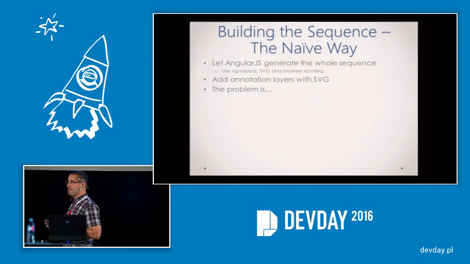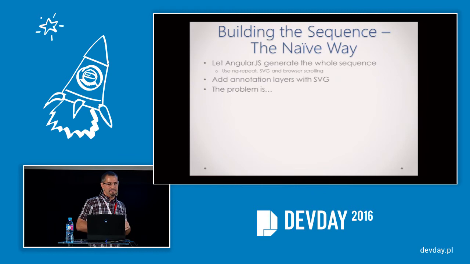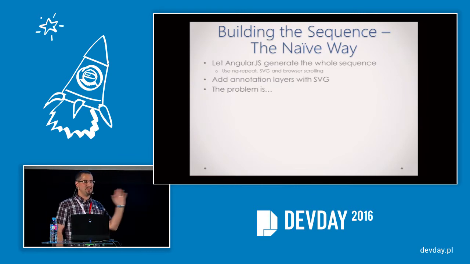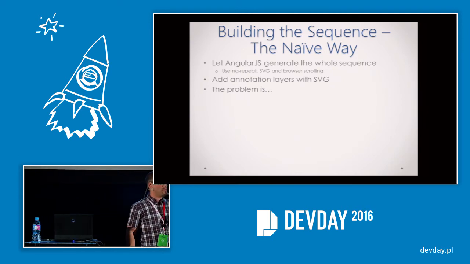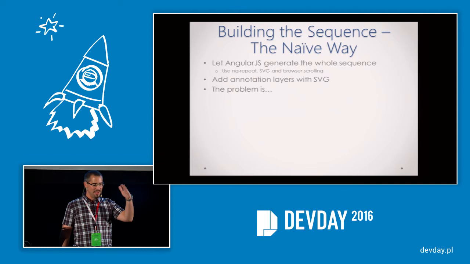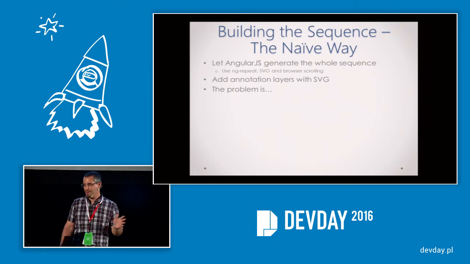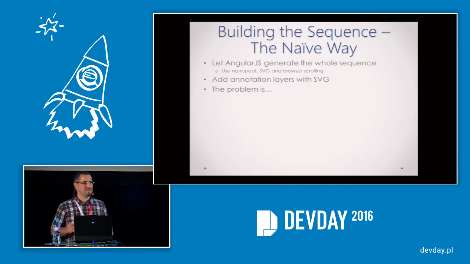So at first, I thought about it and I said, let's go the naive way. Let's let Angular generate everything using an ng-repeat and put that repeater in the repeated items in the SVG, and I'll be fine. Really? Then I will add the annotation layers and everything else.